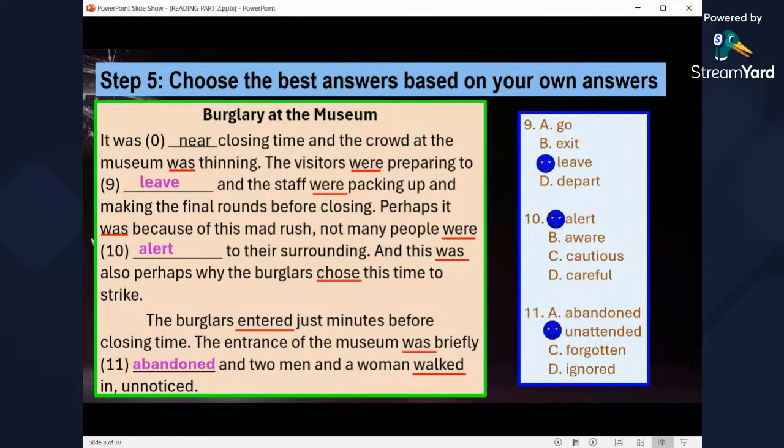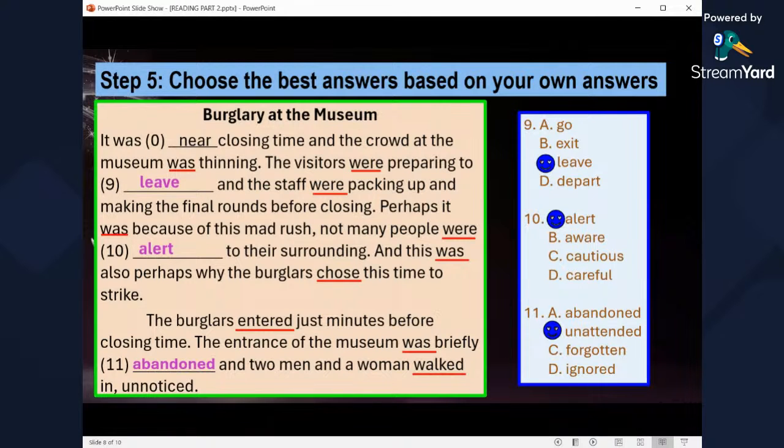Again, you will notice that from number 9 to number 11, there are so many answers close by, usually two answers that are very close. This is very difficult, especially for those of you who are good in English. You would think, oh, I can choose two answers. Which one would be the best? You have to analyze and see which one would best fit in the text. I have no formula for that.